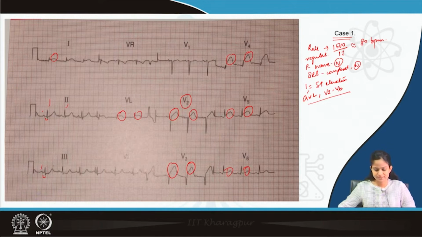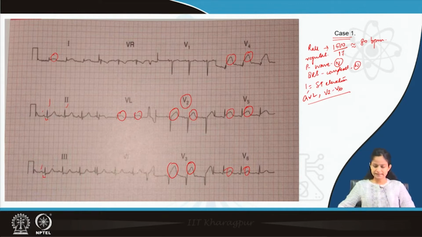The lateral leads are 1, AVL and V5, V6, and anterior we have generally V3 and V4, but here V2 is also affected.